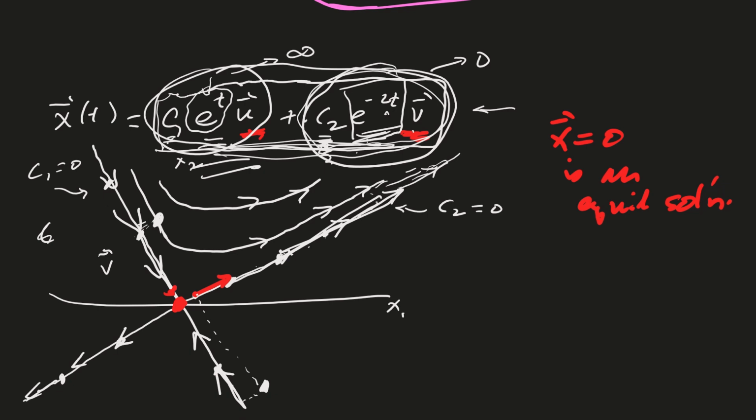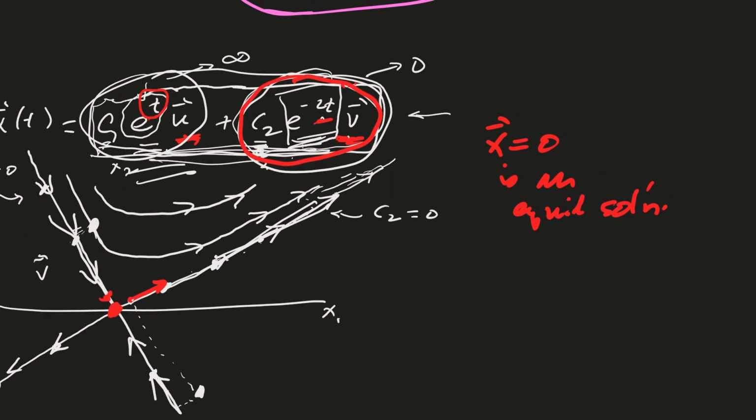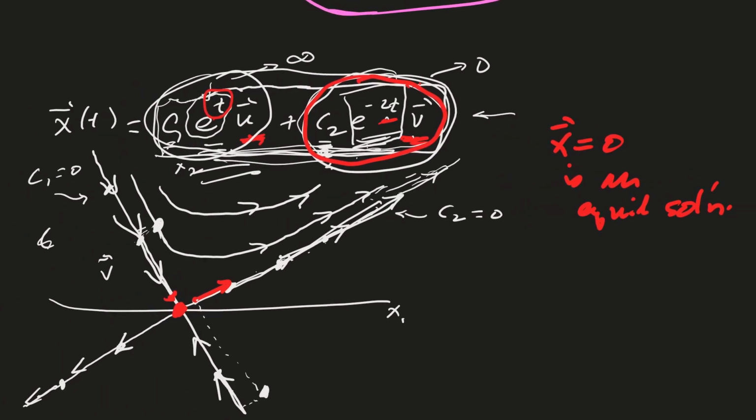This part of the solution, let me redraw that with red here, is going to 0 because of the negative exponential, and this part is going to positive infinity. And so therefore, I seem to have a ghost moving my picture around. This solution is going to look something like that. Okay, and then like that. Good. And then similarly, these solutions are going to come around like this.